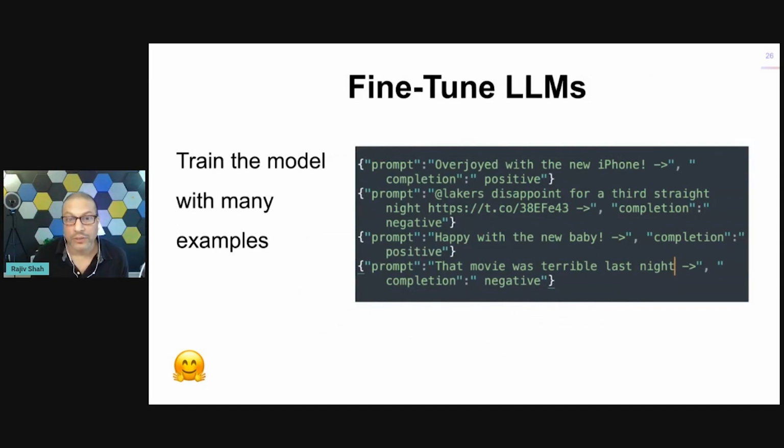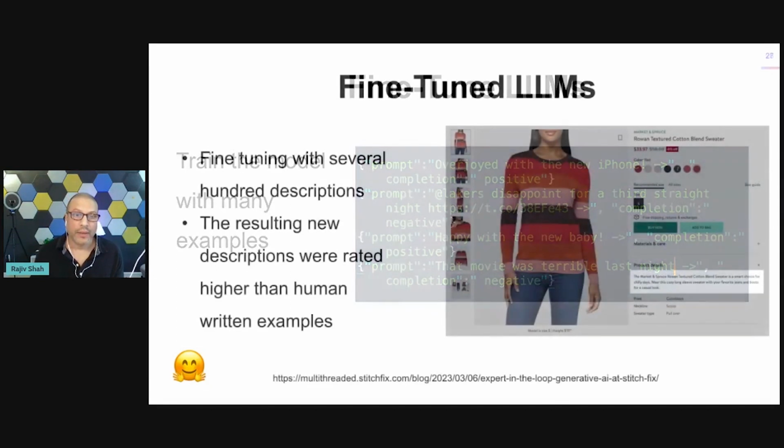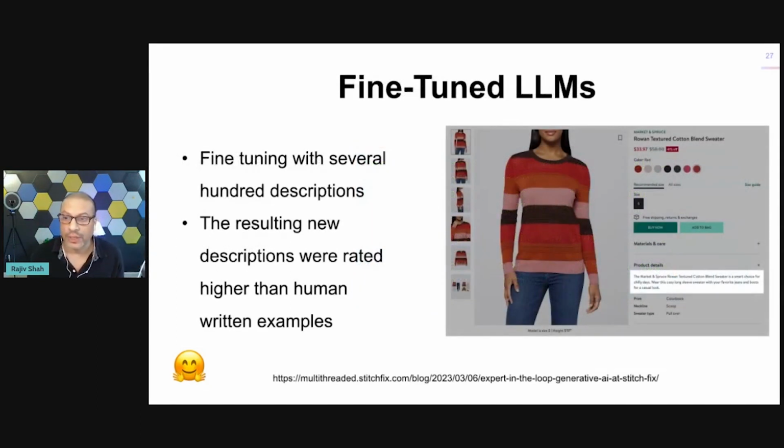Now, these large language models, we can fine tune them. So here's an example of fine tuning where I've given it lots of examples of sentiment classification. Now, when we do this fine tuning, one of the questions is asking about PEFT, and PEFT is still either changing or adding some weights. It's just doing it in an efficient way.